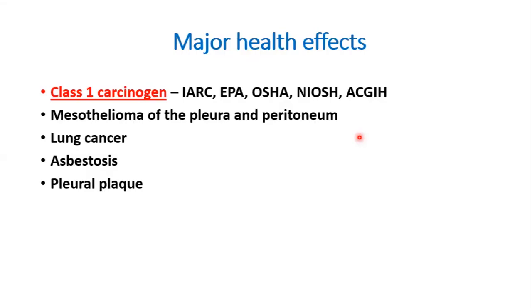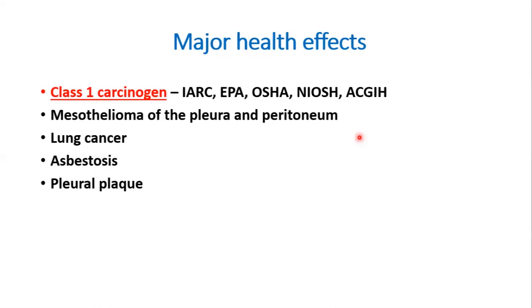All right, so in terms of major health effects, don't forget now, asbestos is an established class 1 carcinogen. So said the International Agency for Research on Cancer, the Environmental Protection Agency in the US, OSHA in the US, NIOSH in the US and ACGIH.